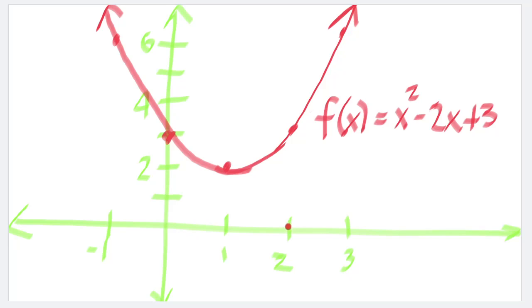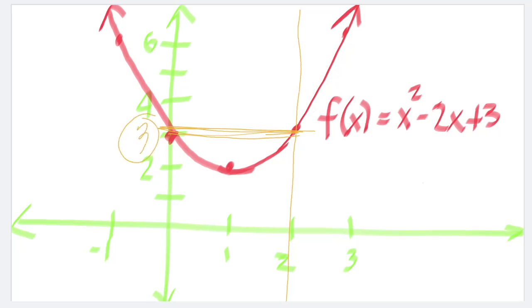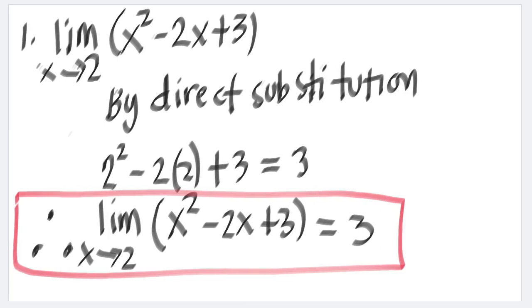So as x approaches this point here, your graph also approaches what? This part here, and that is 3. So that is why the limit of x squared minus 2x plus 3 is equal to 3.